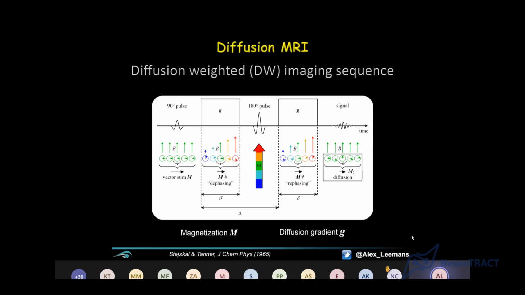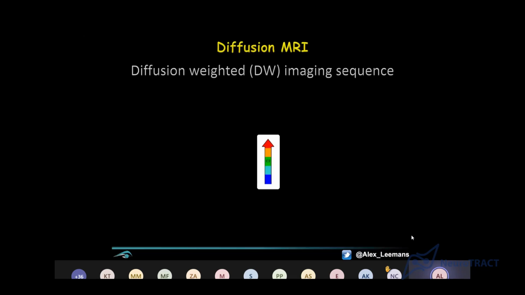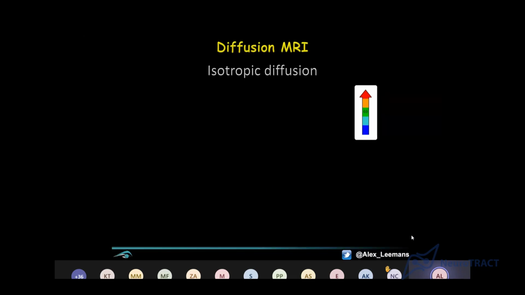So they will not be aligned after the rephasing part, this transverse magnetization, and that will cause the signal to go down.